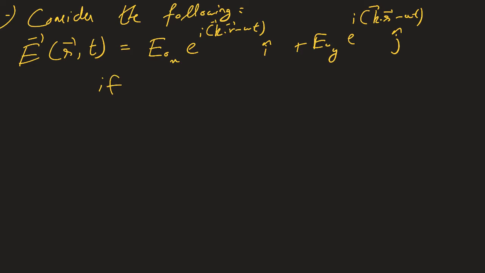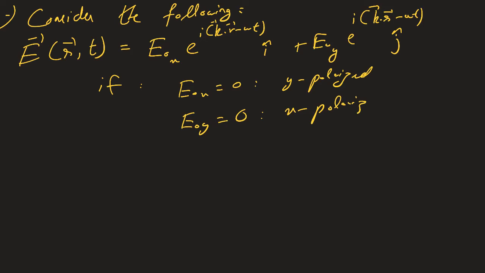Now we know that if E naught sub x is 0, then this is a y polarized electromagnetic wave, and if E naught sub y is 0, then we have an x polarized wave, right? And if they're both non-zero, with some angle theta between them, it's a linearly polarized wave at some angle theta.